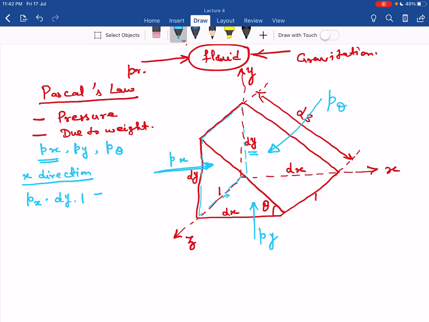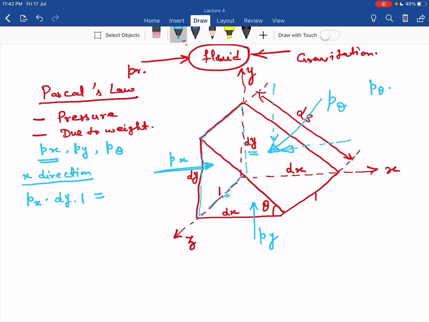This is equal to the horizontal component of this pressure force. Now this horizontal component, this is p theta. The normal force becomes p theta into the area.